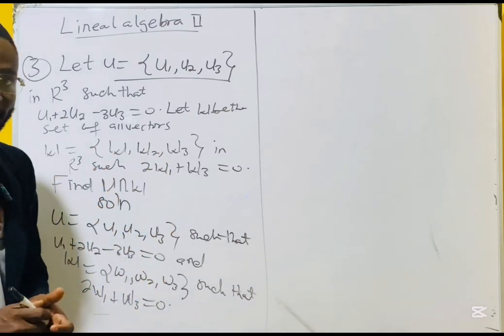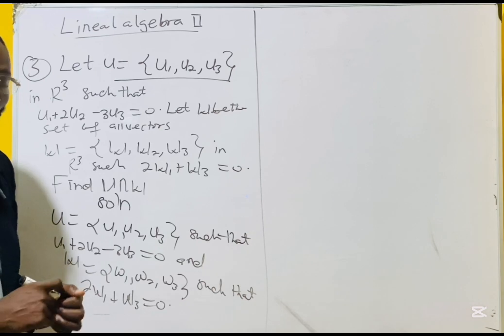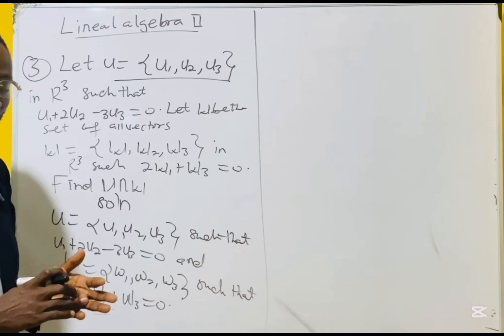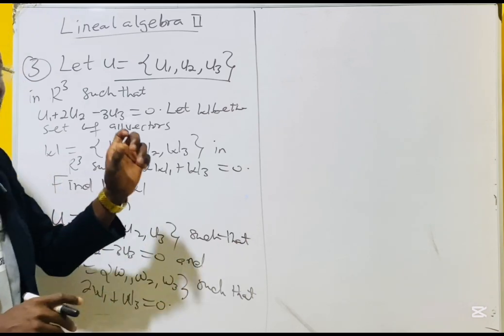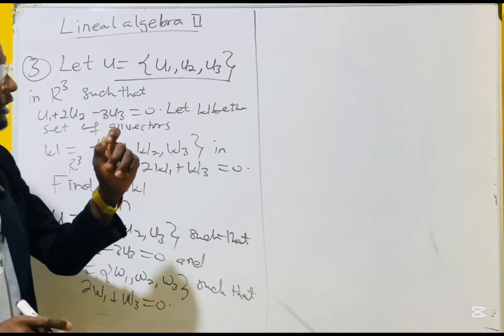So this basically means that we have to find all vectors, say v, with components v1, v2, v3, such that these three components belong to R3.